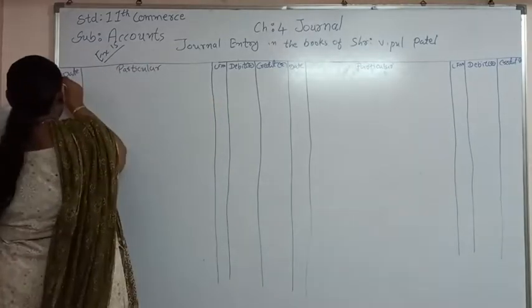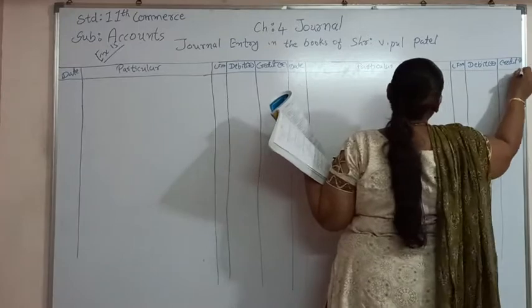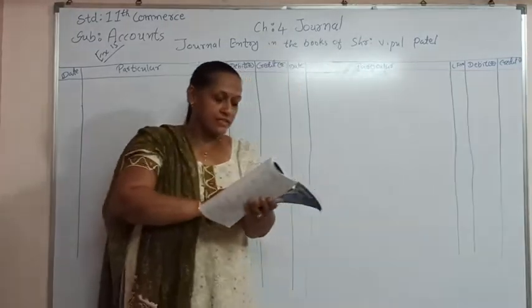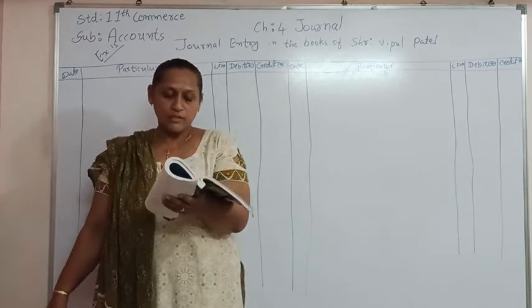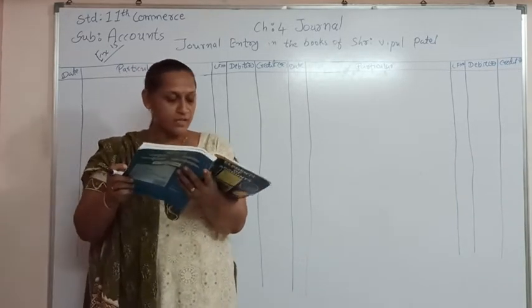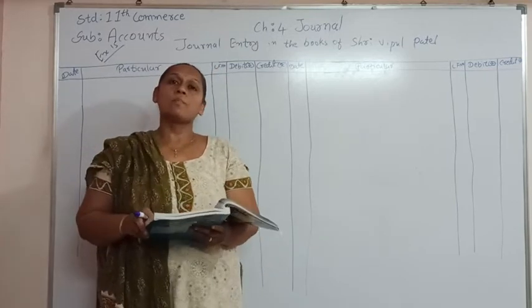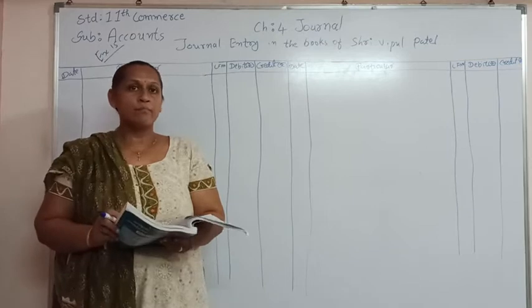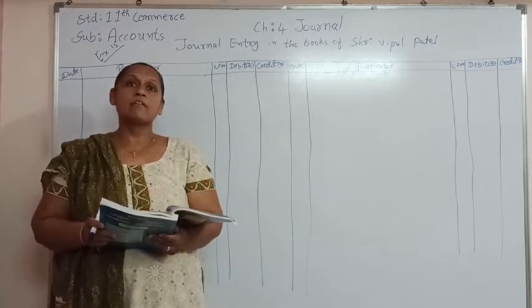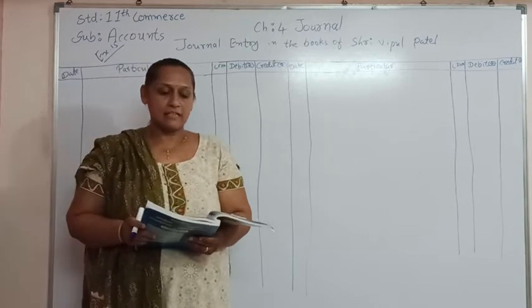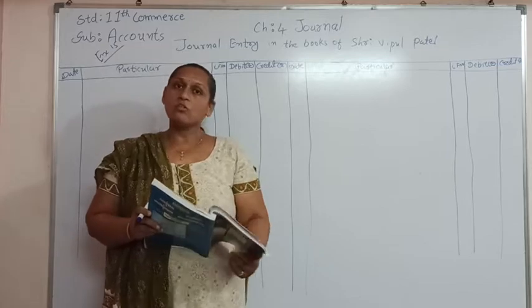So let's start the sum. The very first transaction is furniture of rupees 20,000 purchased from Surti Furniture Mart of Surat and payment is made by check. So here we have purchased the furniture. Furniture will come into the business, so furniture account debit, and for that we are going to pay input CGST and input SGST, and that amount we have paid by check, so to bank account.